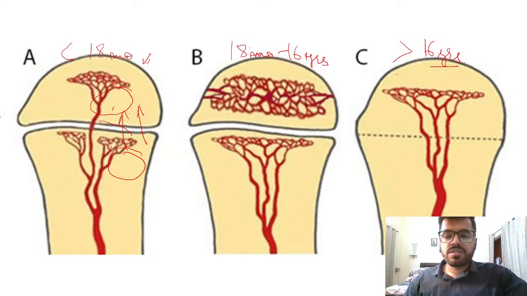Same is there with the adult more than 16 years. The physeal plate, the physeal barrier is gone. The physis is fused and the blood supply is going towards the epiphysis. The epiphyseal and metaphyseal blood vessels are connected. So here also there's a chance of the infection going into the epiphysis and finally leading to joint infection.